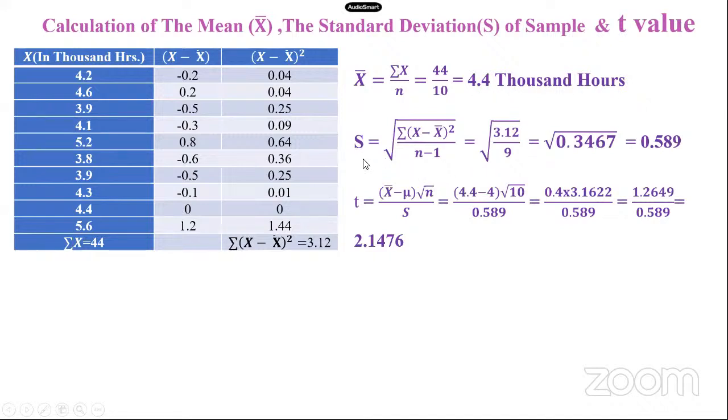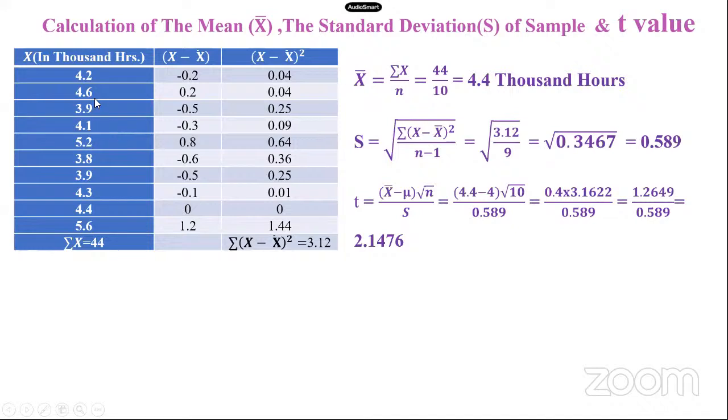Now go for the standard deviation. For the standard deviation, we take the deviations from the actual mean, square them, divide by the degrees of freedom, and then take the root.